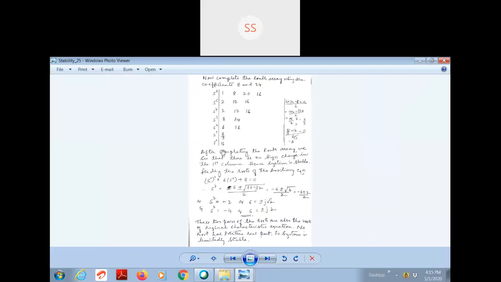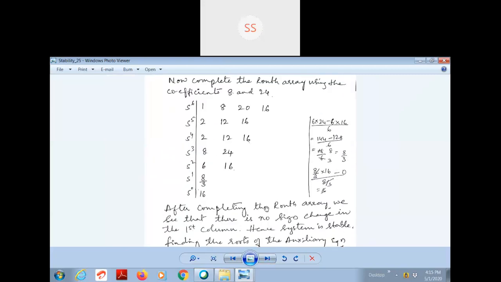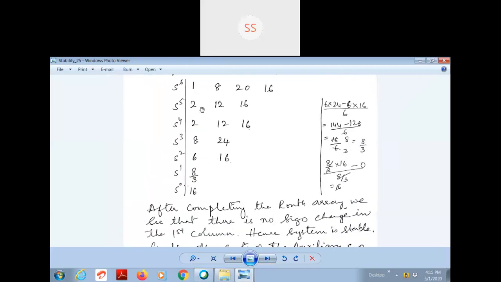So now the new Routh array: till this point there is no change. 2, 12, 16. This row was 0, and now we have replaced this row by 8 and 24, the coefficients of the differentiated auxiliary equation. Once these values are available, again proceed by writing the s square row, s row and s to the power of 0 row.